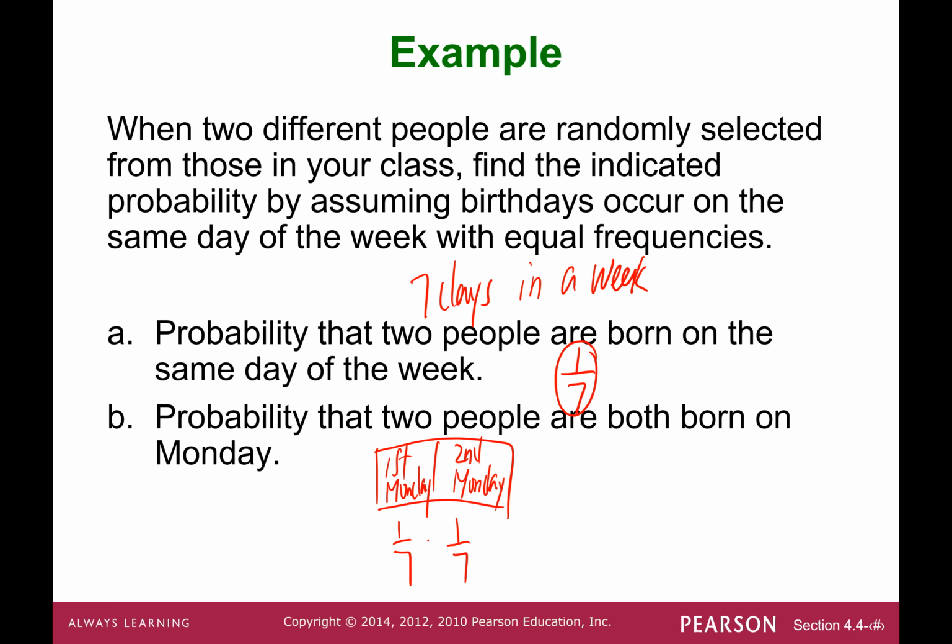So it turns out to be 1/49. That's the probability. These people are randomly selected, so they are independent. They are not related. They have no impact on each other.